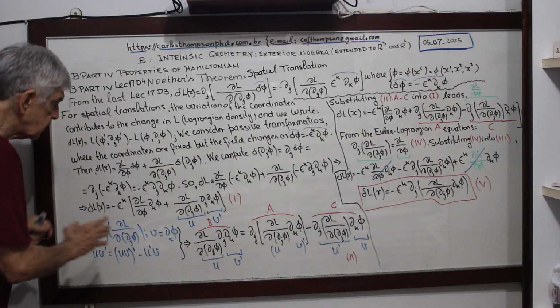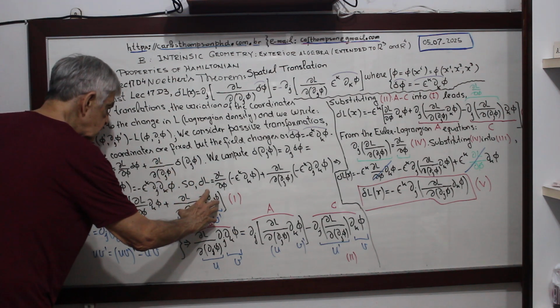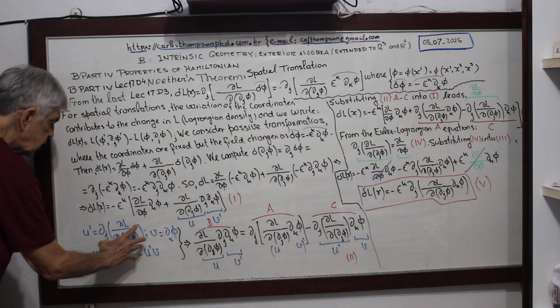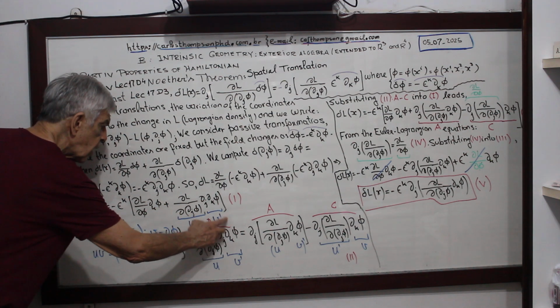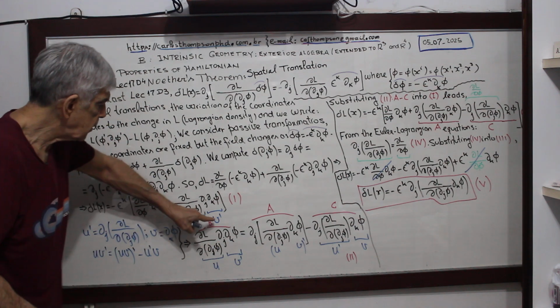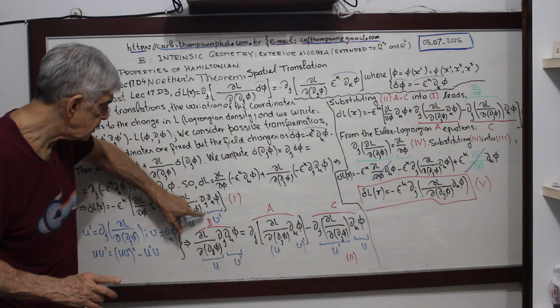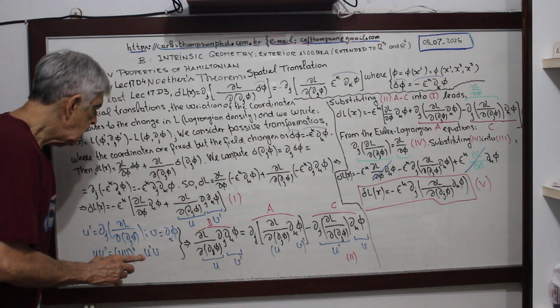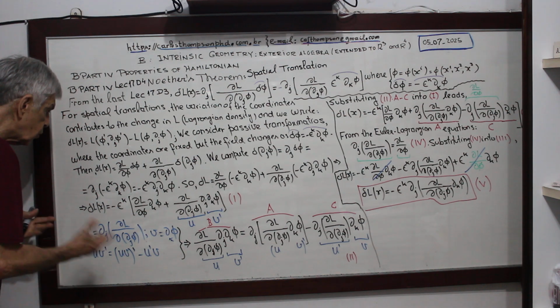Now it's interesting. Attention only on this term over here. I brought this term just over here. This I call u, this is v prime. Prime here represents the jth coordinate. Now I can use the product rule.